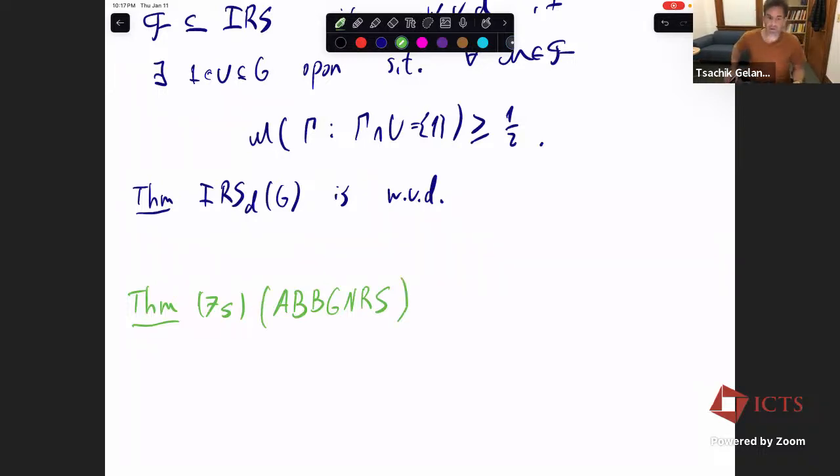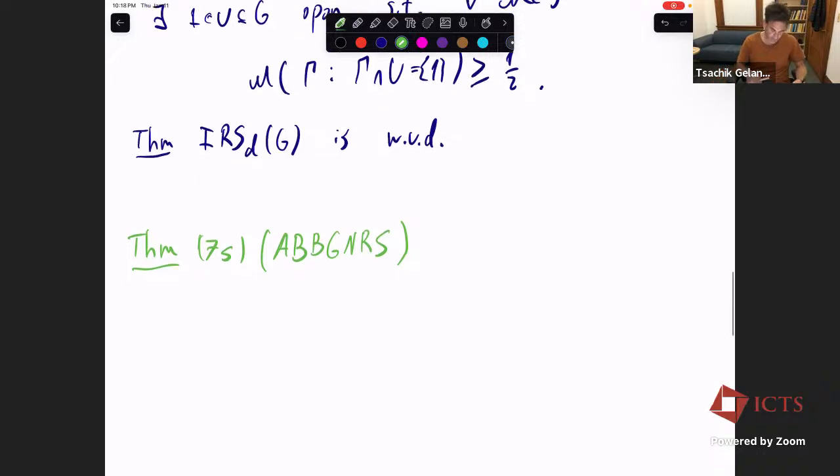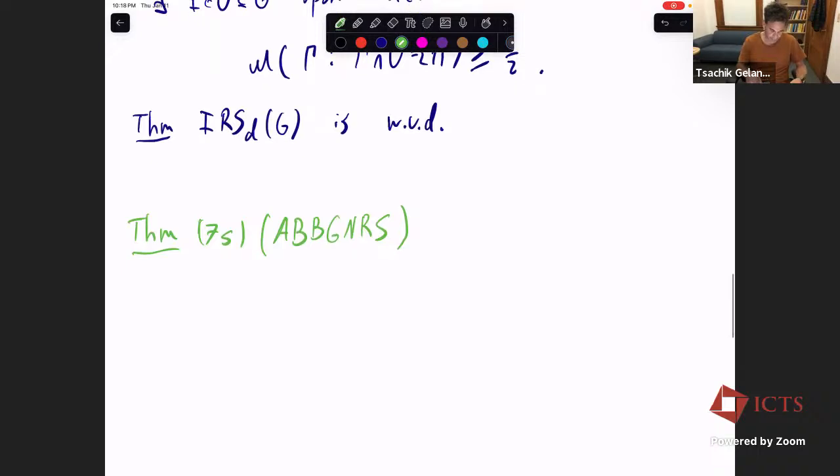The paper is long and there are many applications, but the main new result, and this was the result that motivated the study of IRSs in the non-discrete context, so in the context of continuous Lie groups. So we started to develop this theory for this result.